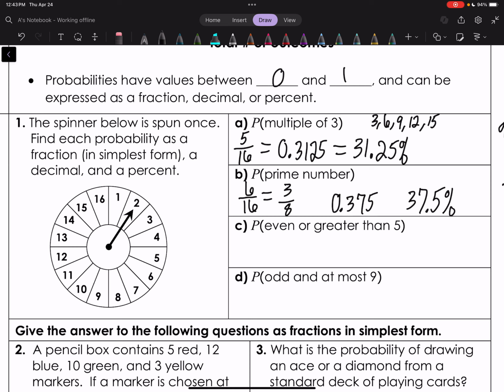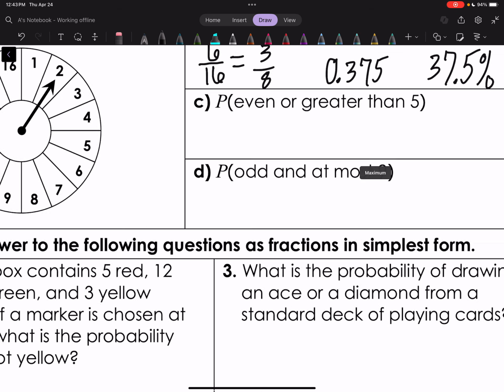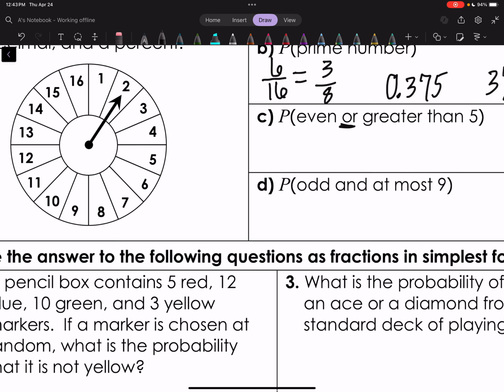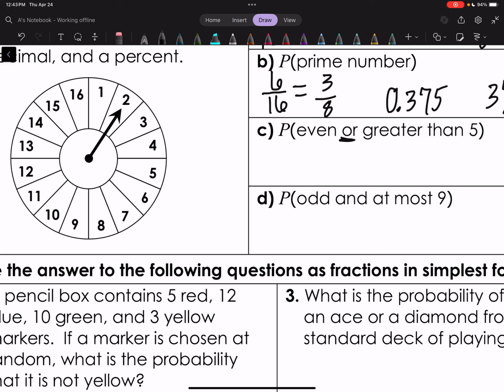Okay, C says even or greater than 5. Now I want to talk about this one in a little bit of detail. This word or. I'm going to have two criteria in this. I have to account for both. The first would be even, so 2, 4, 6, 8, and so on.